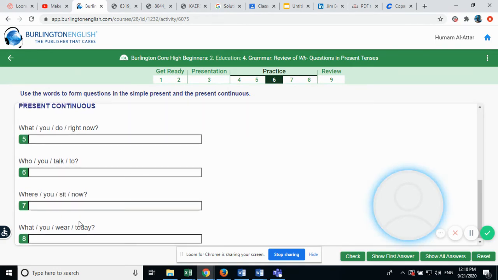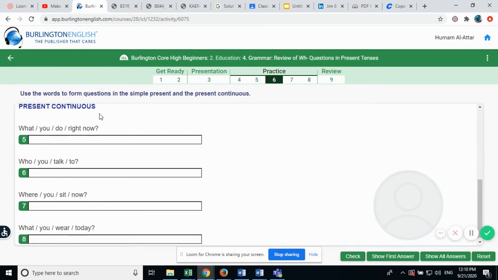On these four, we need to use the present continuous. And remember, the present continuous is the simple present, we add ing to it. Okay? What you do right now.